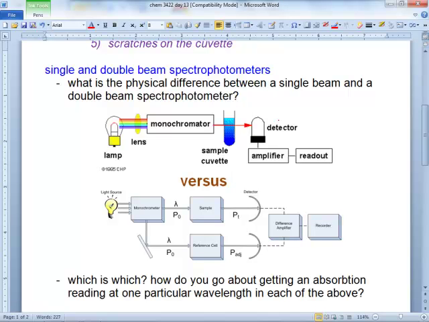Single beam and double beam. Top is the single, bottom is the double. Good. Okay. What's the difference then? What could you say is the difference there, John? I mean, look at all the little pieces there. Does one have 2 monochromators or something?